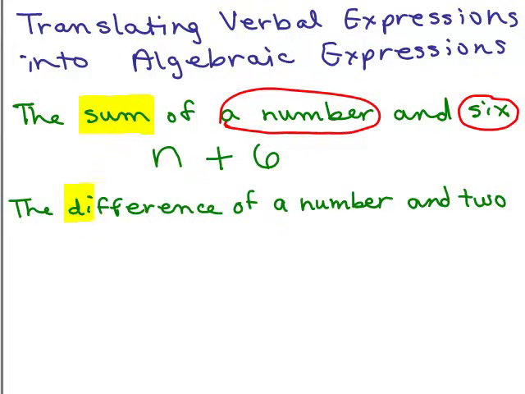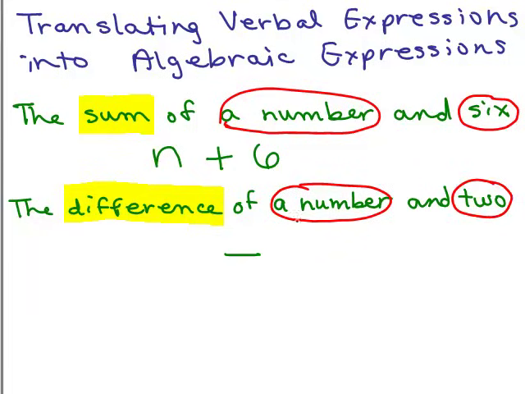What about the difference of a number and 2? Difference refers to subtraction. So when you see the word difference, it means we are subtracting. And again, notice it says of a number and 2. The two parts are separated by that word and.